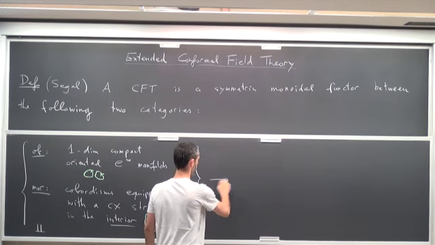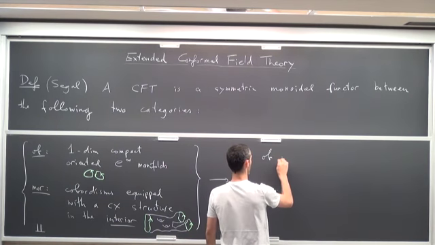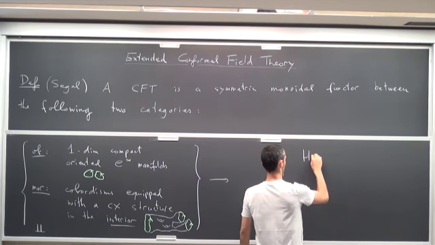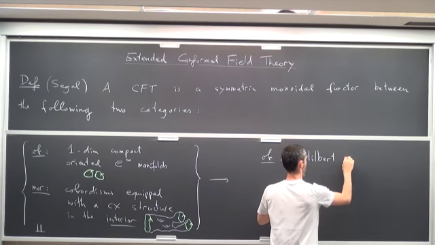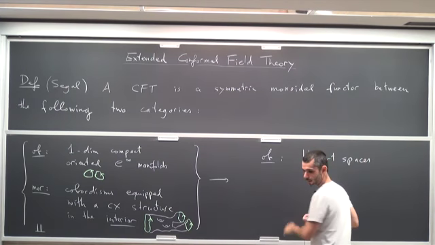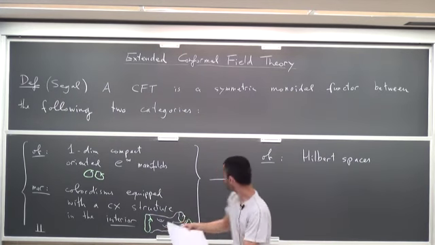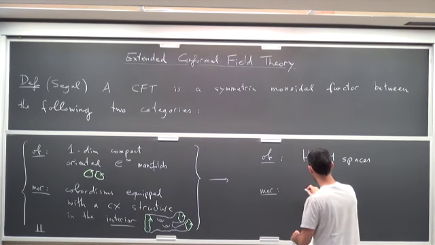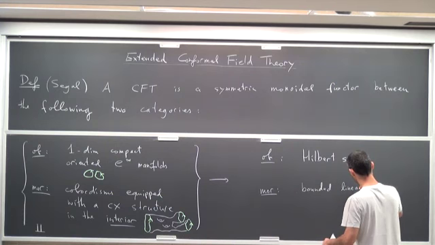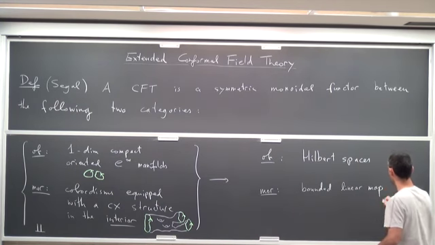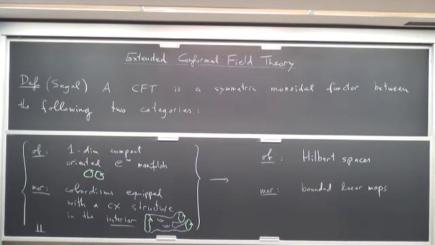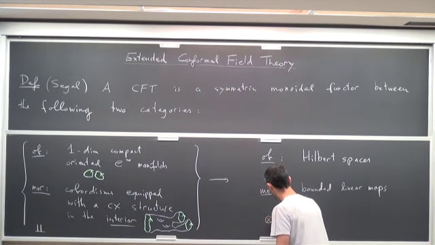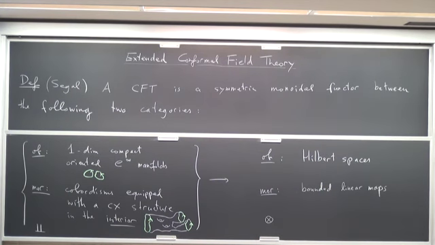And that goes to a category whose objects are Hilbert spaces, morphisms are continuous linear maps between Hilbert spaces, and the tensor product operation is the tensor product of Hilbert spaces.